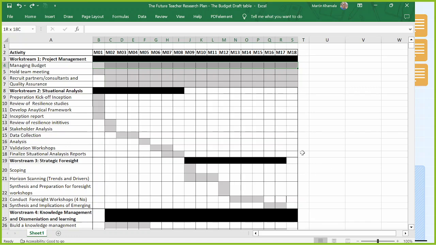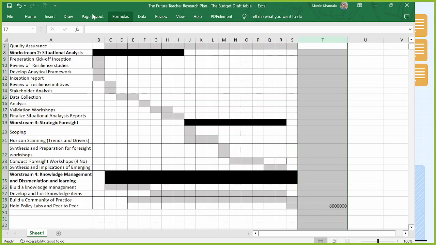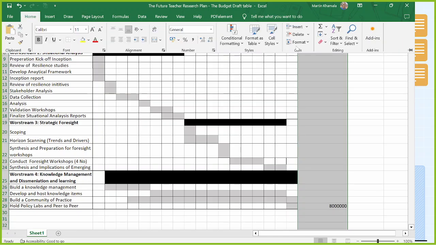But you see, now you've jumped to another stage. We were asking who we are apportioning it to. My suggestion is that we apportion it to all of us. And if you want to give a proportional budget, we're in Excel, so we can even do a formula right now. We're saying 800,000 shillings. Let me put a comma here.